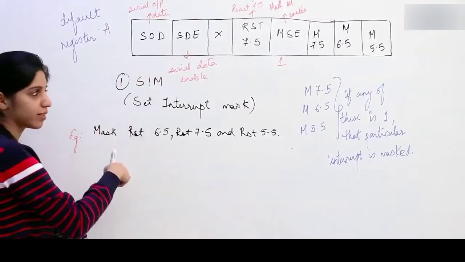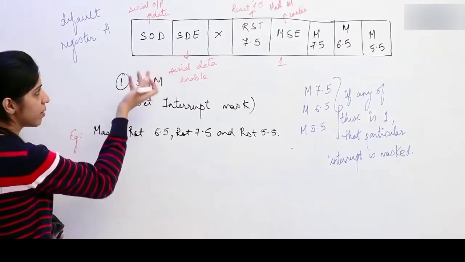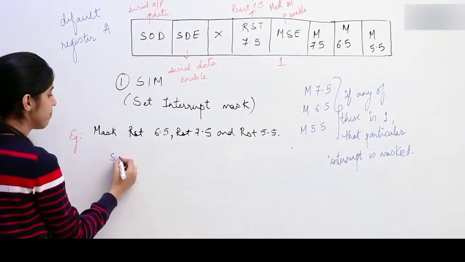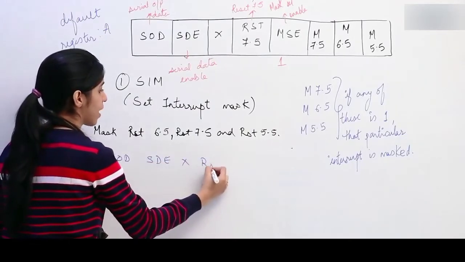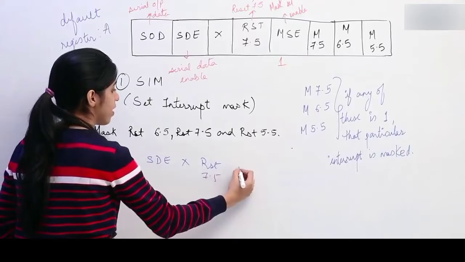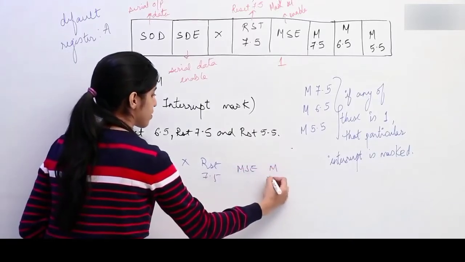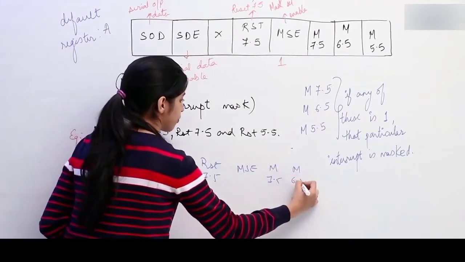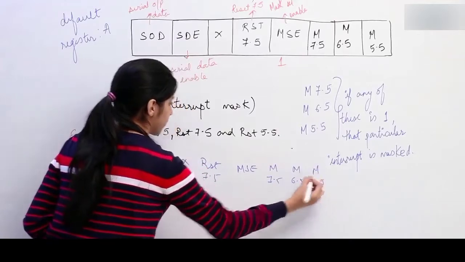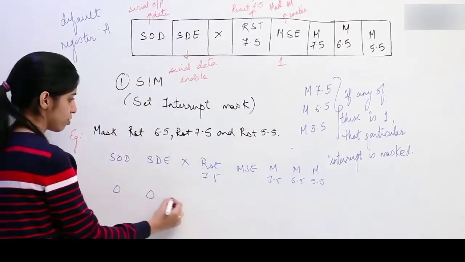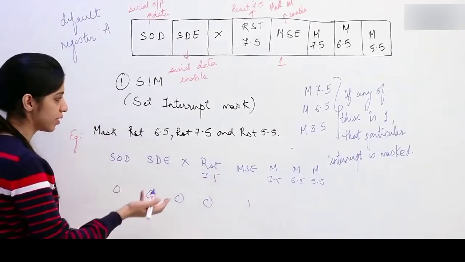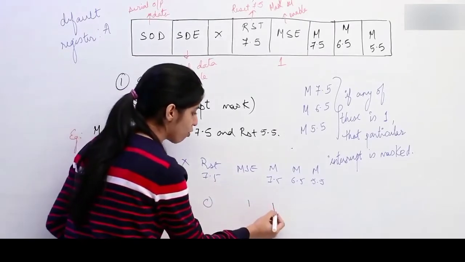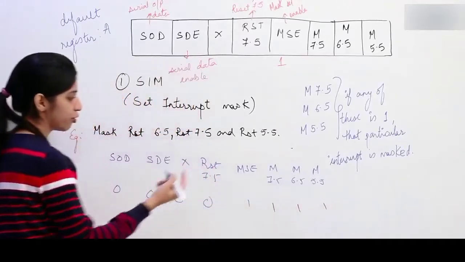Again, I am going to make the status of the accumulator quickly. SOD, SDE, don't care, RST 7.5, MSE, M7.5, M6.5, M5.5. So this is going to be 0, 0, 0, 0. MSE is going to be 1 since I need to mask some interrupts. I have to mask all of them, so these all are going to be 1.